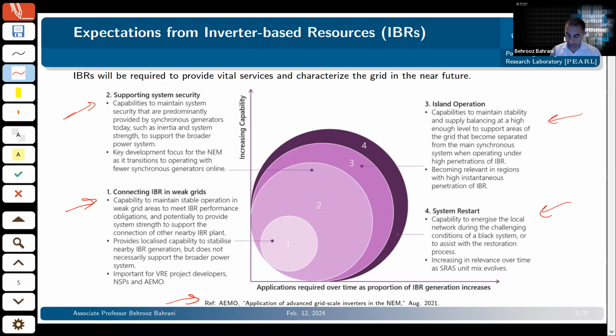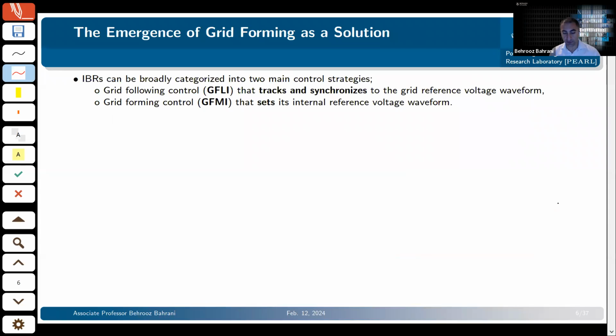And ideally, we want them to also be able to help us with system restart. Currently, system restart capabilities are dominantly offered by synchronous generators. So we expect the IBRs that are going to be replacing our synchronous generators to offer all of these services. But what do we have at the moment? Well, the majority of IBRs that we've got at the moment are based on grid-following control, and they are unable to provide all of these services that we want IBRs to provide.